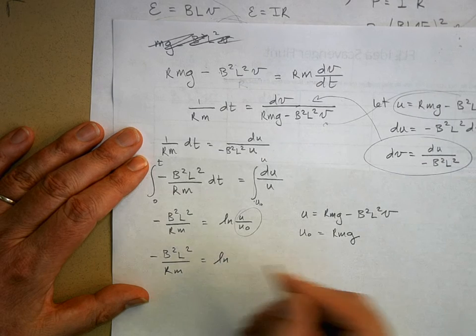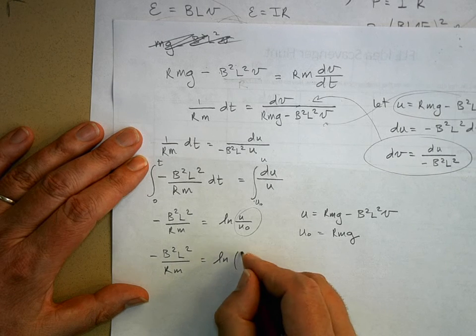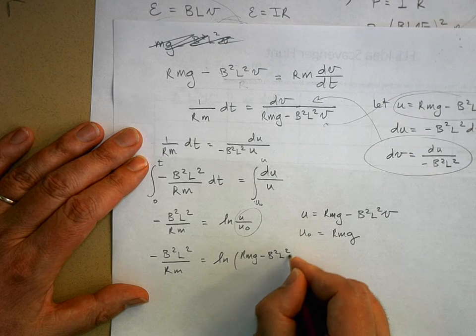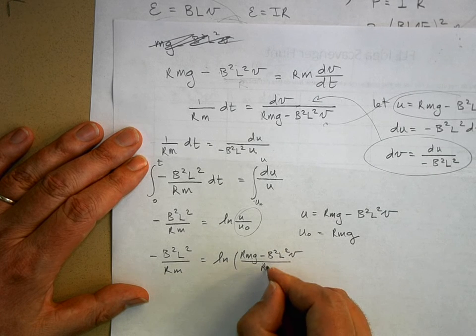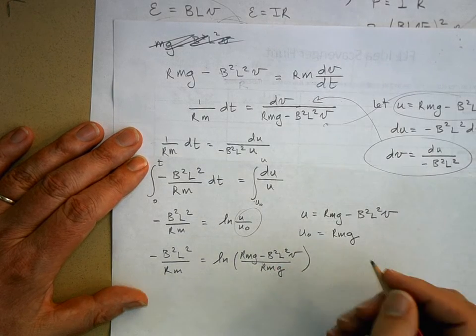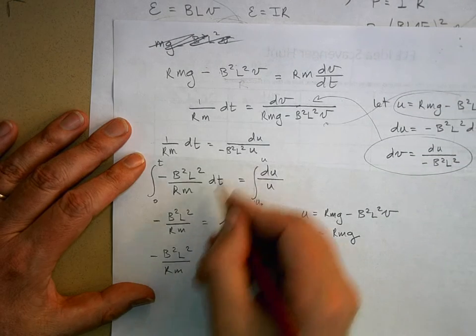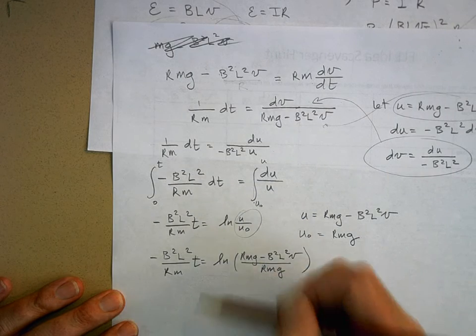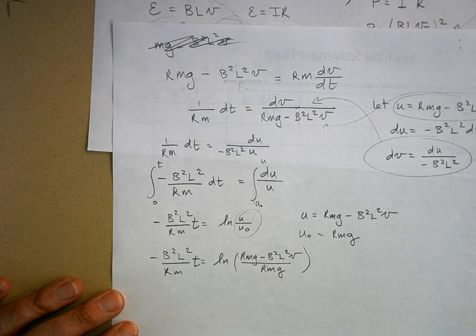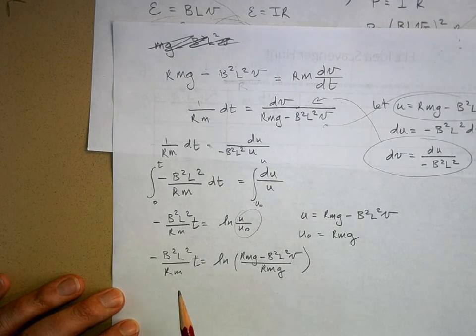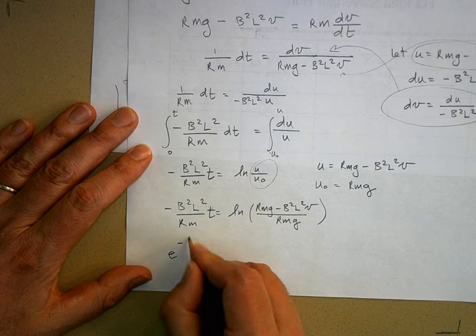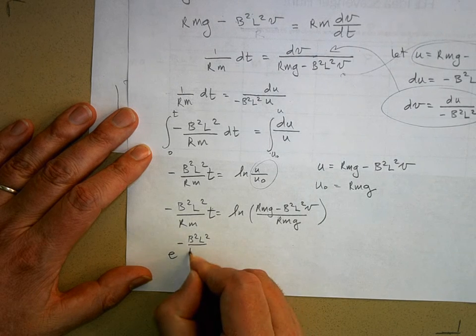The natural log of rmg minus b squared L squared v over rmg, times t, right? Now we're going to raise it to the power of e. e to the negative b squared L squared over rm times t.